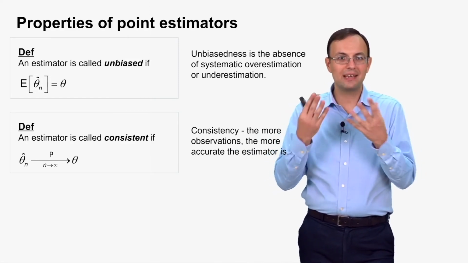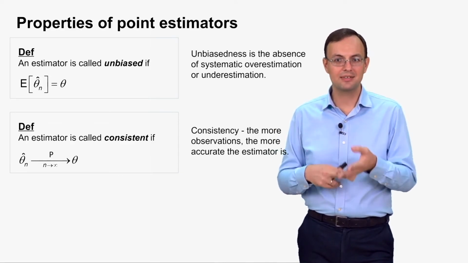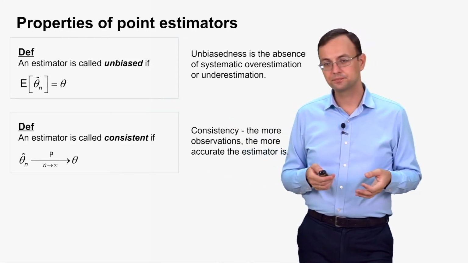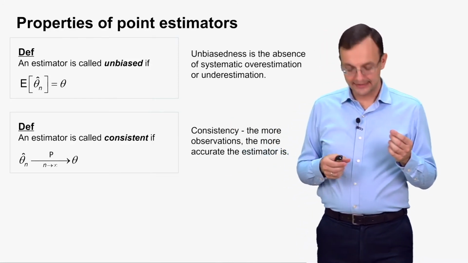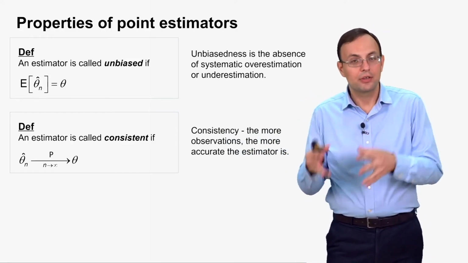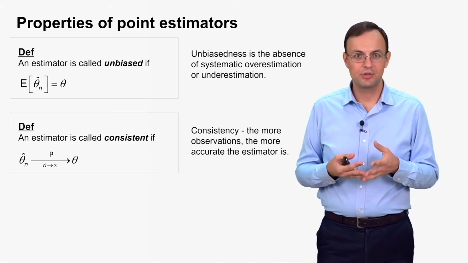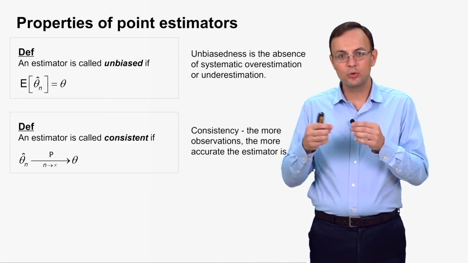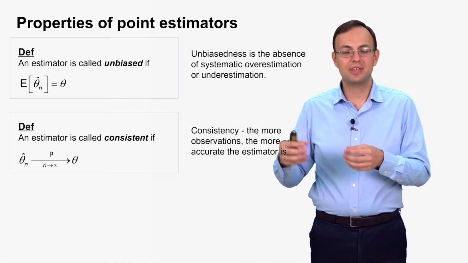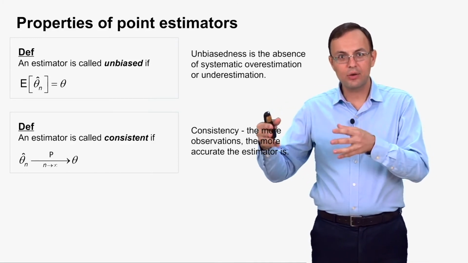If we have two estimators that both are unbiased and consistent, how can we choose which one is the best one? So the best one is the most accurate one. And what do we mean by saying accurate? So we are estimating an unknown parameter. Accurate means close to the real value of the parameter.